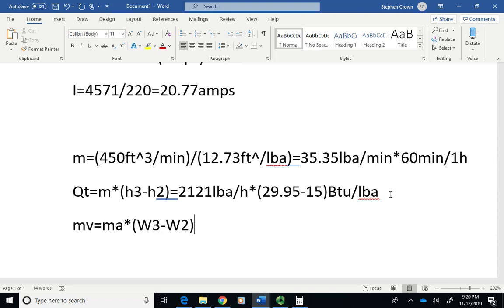2121 pounds of air per hour times omega 3.